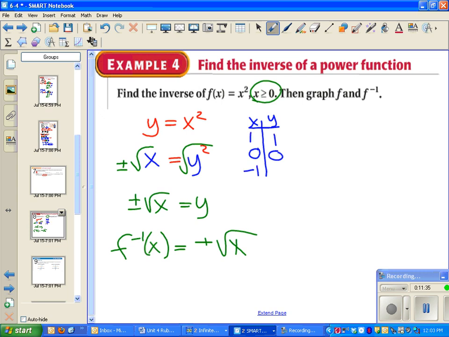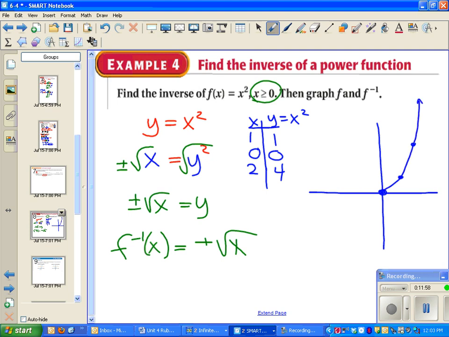I don't want to plug in -1 because my x is greater than 0. So I'm going to take that away and maybe do 2. So when I plug in 2, I get 4. So that is for y equals x squared. So to graph that, I get 0, 0, 1, 1, and 2, 4. So we get basically this half of the parabola.